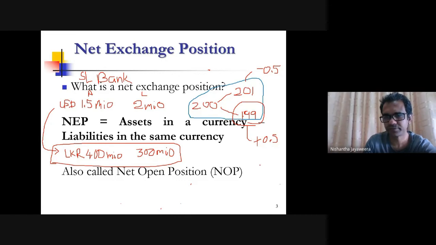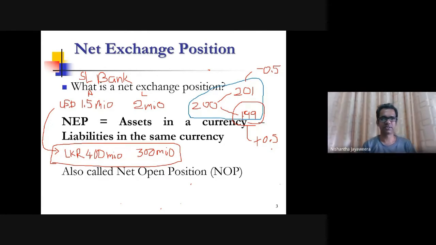Now this case, it will generate a profit. So can you see a similarity between gap analysis and the net interest income, and the net exchange position and the exchange gain or loss? The same thing, but two different variables, interest rate and the exchange rate.